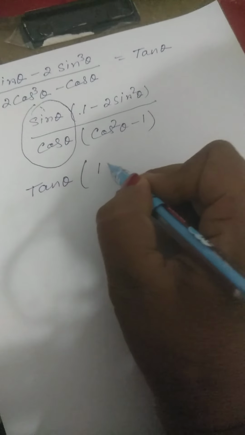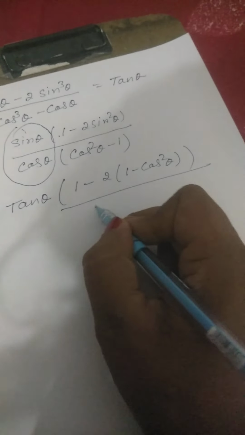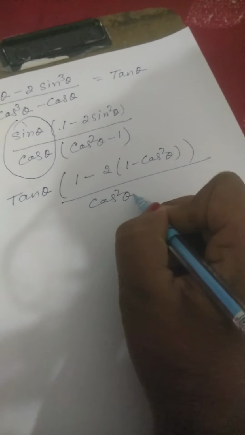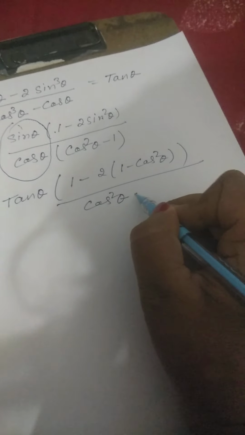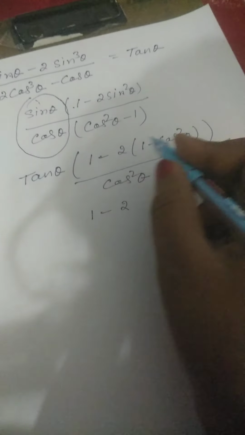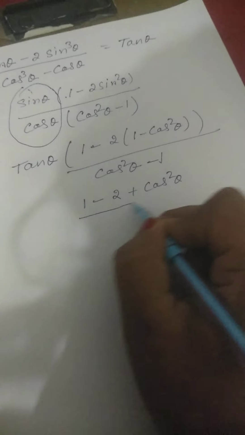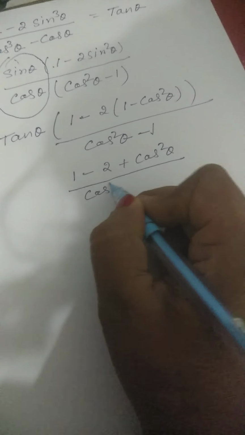And you can write 1 minus 2 sin square theta is equal to 1 minus cos square theta upon cos square theta minus 1. 1 minus 2, minus minus plus cos square theta upon cos square theta minus 1.